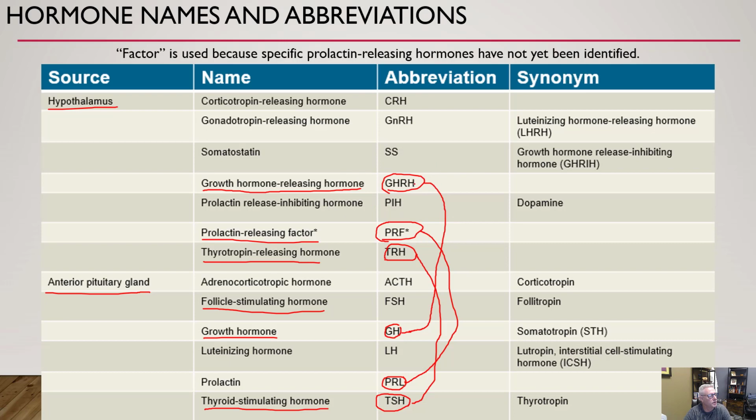This hormone comes from the hypothalamus and it stimulates this. This stimulates this. So that is what I'm talking about for the anterior lobe. Each of these releasing hormones acts on a specific group of cells in the anterior pituitary gland, and they can inhibit or stimulate pituitary secretion.